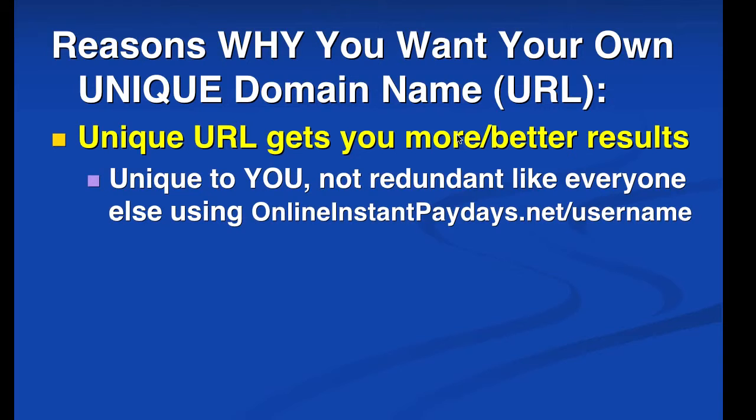Like you might see if a whole bunch of people are posting ads on a free advertising site or putting videos on YouTube or whatever, there's going to be a lot of onlineinstantpaydays.net/ and then KPD test or KDervin or KPD marketing. That creates a lot of redundancy across the internet, and that actually causes some problems, with certain sites like Craigslist and Backpage tending to start blocking those domain names because there's so many of them.